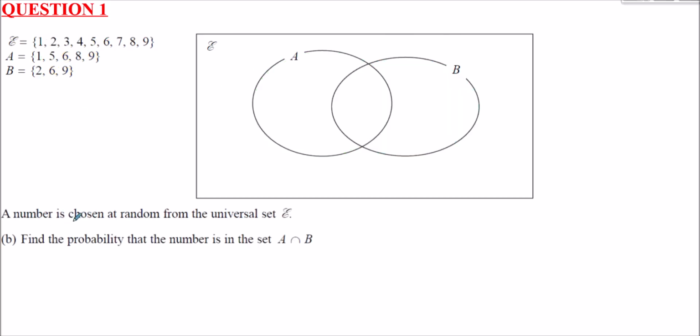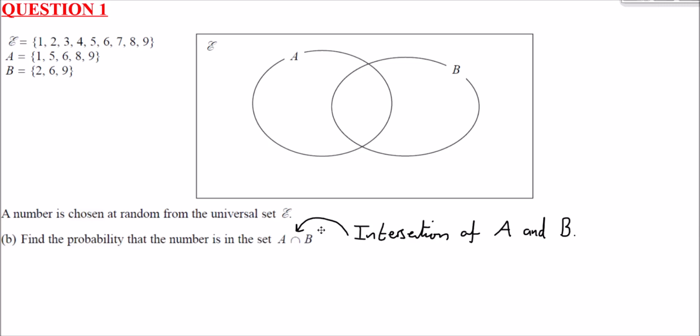Part B, we're told that a number is chosen at random from the universal set E. For B, we need to find the probability that the number is in the set A intersection B. Now this isn't really an N, that symbol means the intersection of A and B. I'm going to explain this right now.